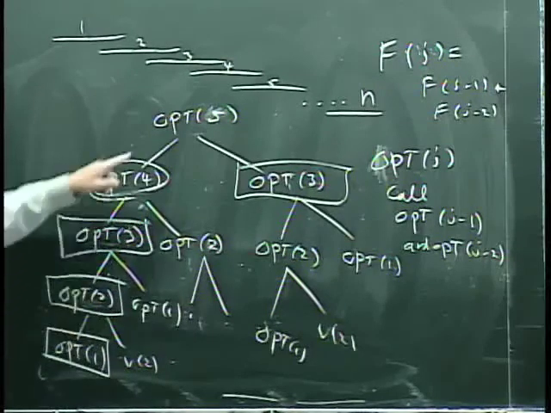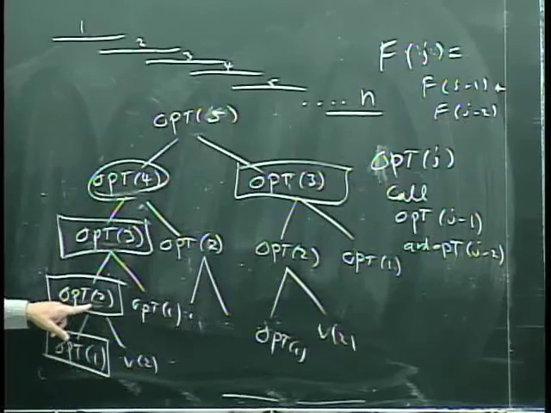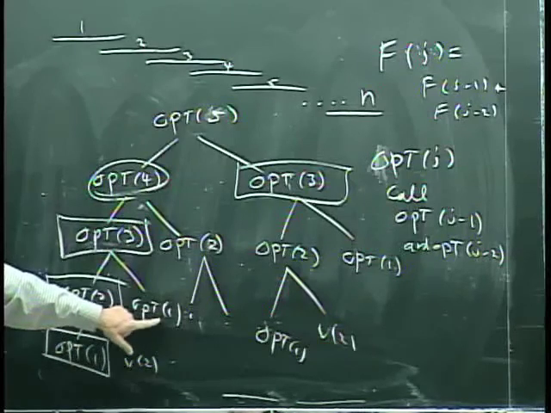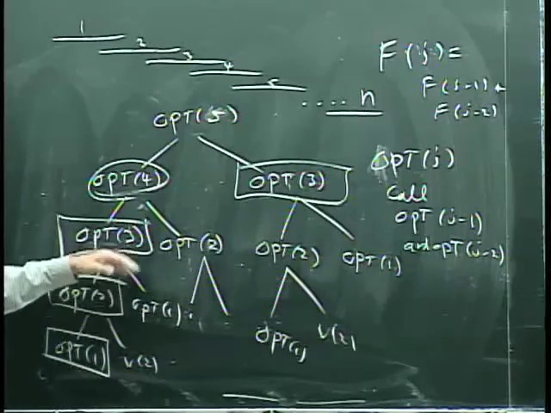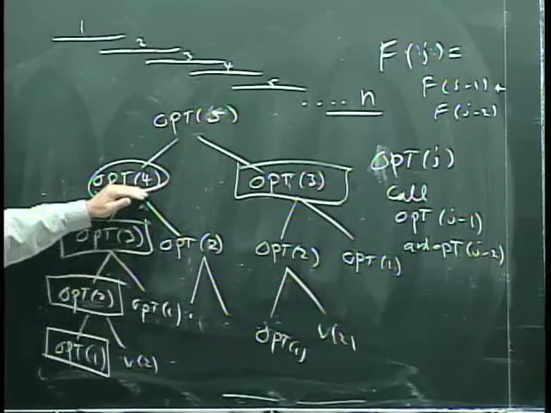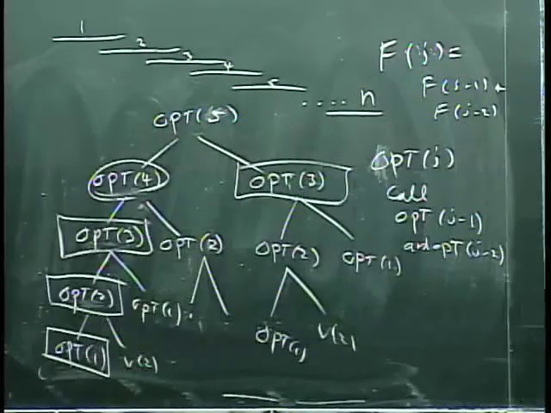If you do the recursive calls this way, when you pop back up to this call of opt2, you know the value of opt2. Then when you pop back up here and call opt1, you compare these two appropriately, and you know what opt3 is, and you put that in the table. And you come back here, and you have opt4, and so on. And what do we do with that?